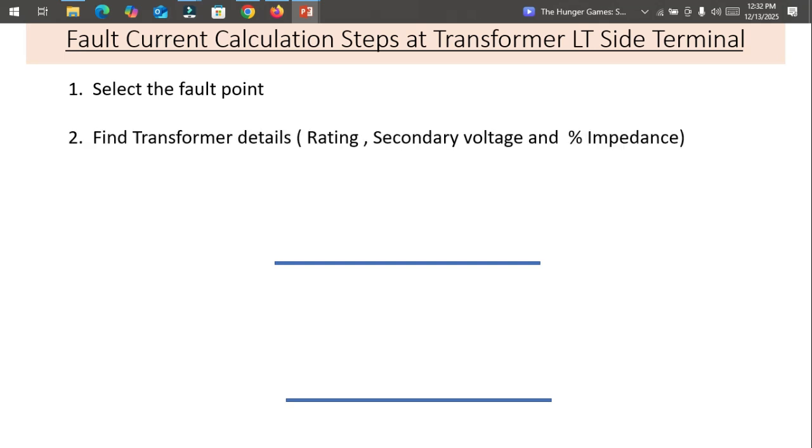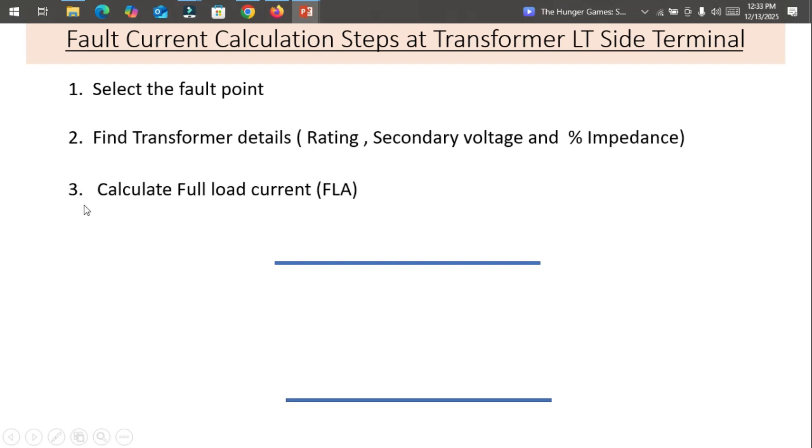Then second, we have to take the transformer details from the nameplate of the selected transformer. The three parameters we have to consider during the calculation are the rating of the transformer, the secondary voltage of the transformer, and the percentage impedance of the transformer.